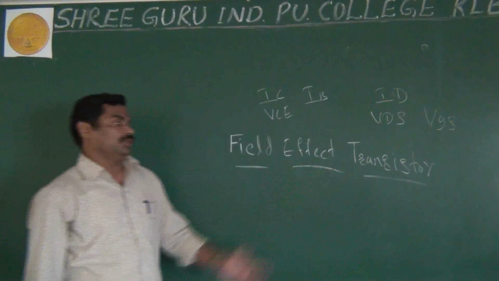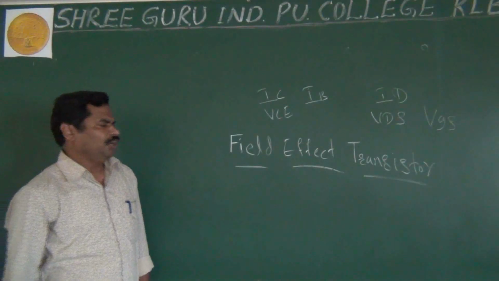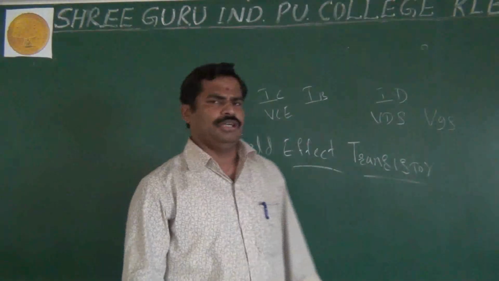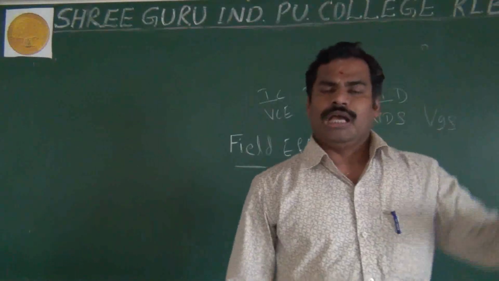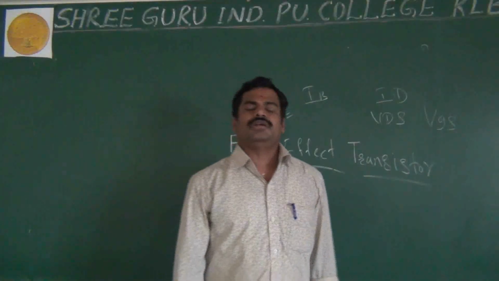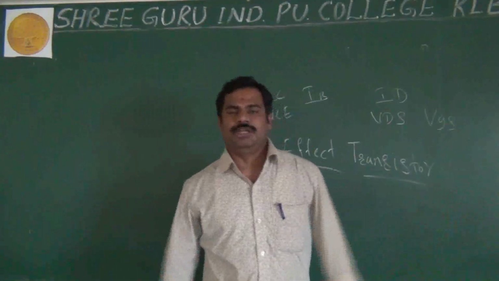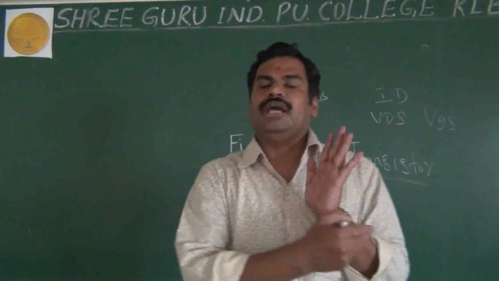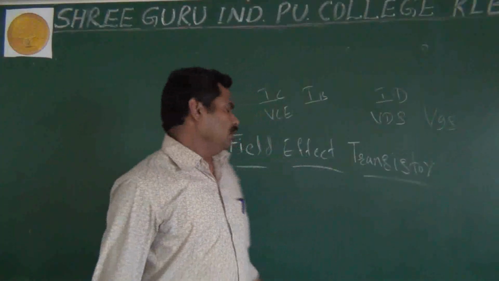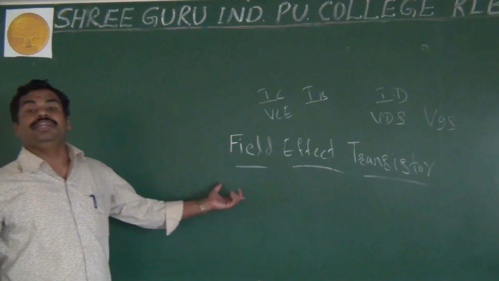That is about your FET. And what are the important terminals of your FET? As we know, a transistor is also 3-terminal. In the same way, the FET also has 3 terminals.